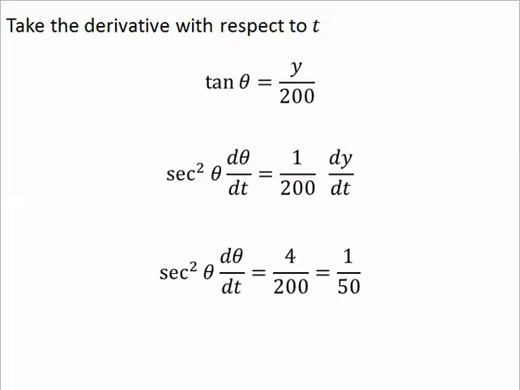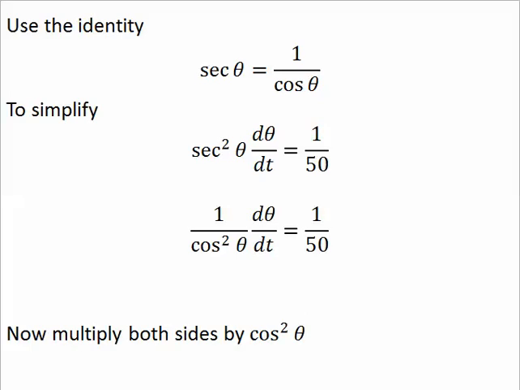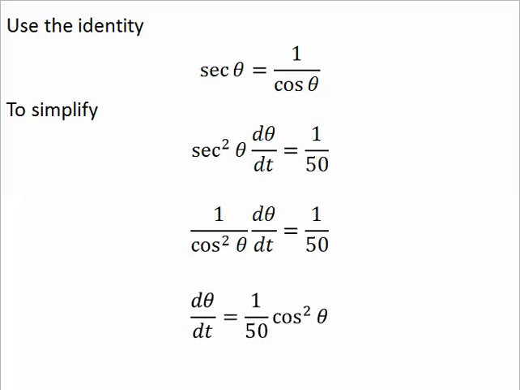or 1 over 50. Now we're going to use the identity that secant is equal to 1 over cosine to simplify our equation. Then I'm going to multiply both sides by cosine squared. And so d theta/dt is equal to 1 over 50 times cosine squared of theta.